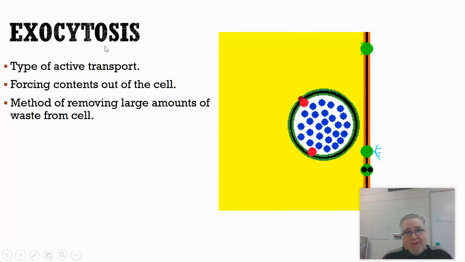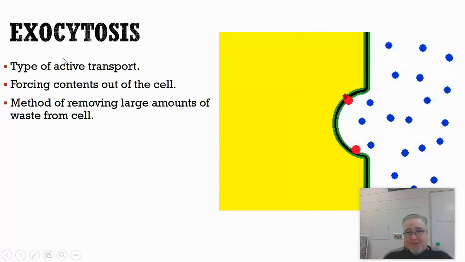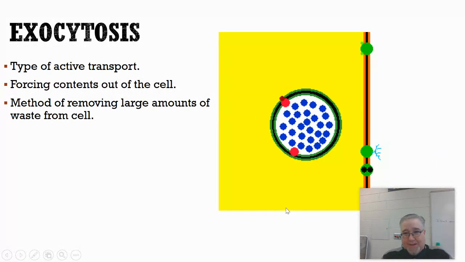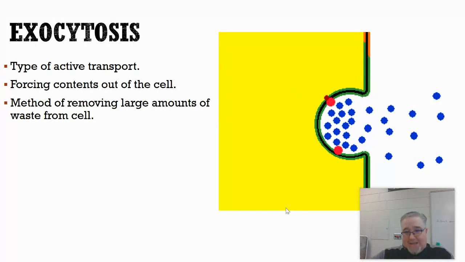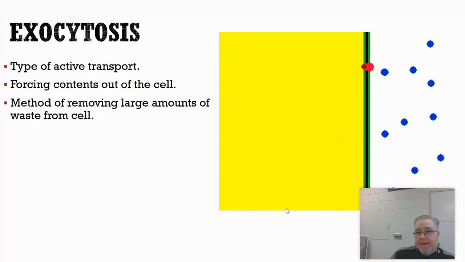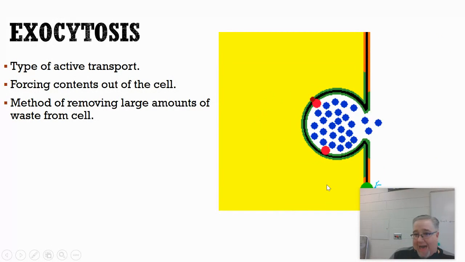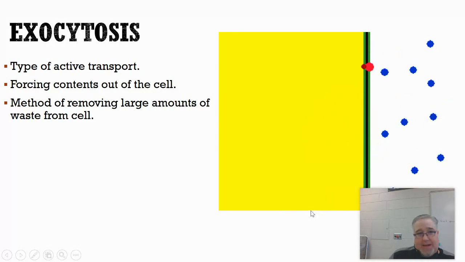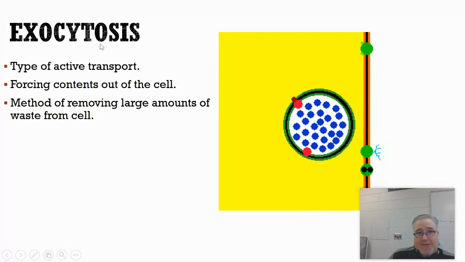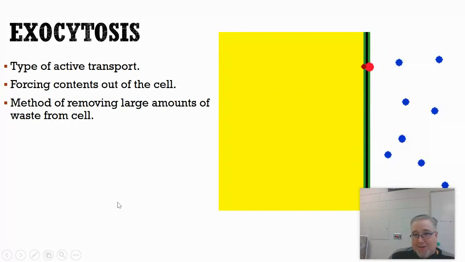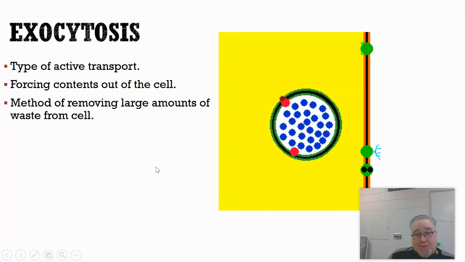Think of exocytosis as your cells pooping. They're forcing waste out of them, and that would require energy, right? So again, this is a form of active transport. It requires energy by the cell in order to do that. So exocytosis, cells pooping. I guess that's a good analogy, hopefully. Kind of gross, but whatever.